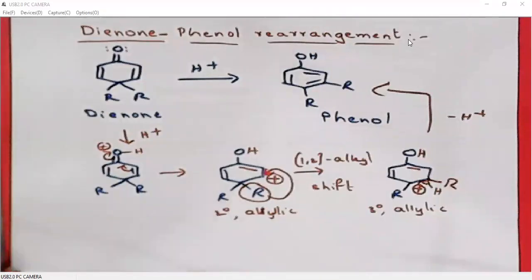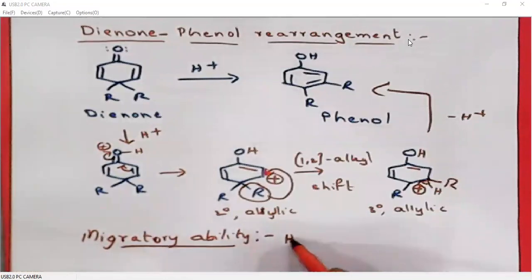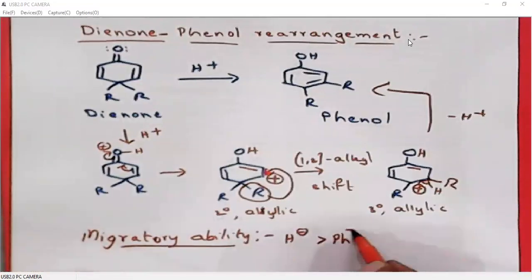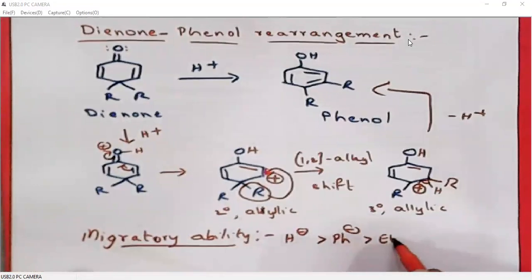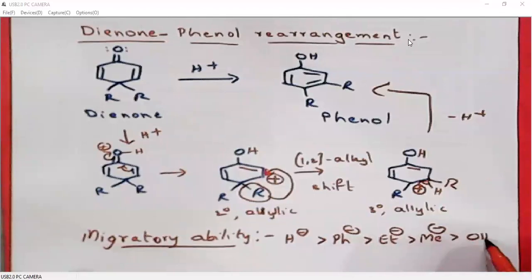For dienone phenol rearrangement, we need to discuss the migratory ability separately. In dienone phenol rearrangements, hydride migration is the first preference. Then phenyl migration, then ethyl migration, methyl migration, and finally OH migration.